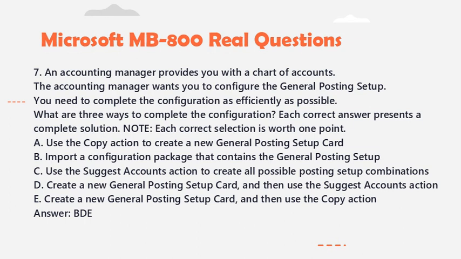B. Import a configuration package that contains the general posting setup. C. Use the Suggest Accounts action to create all possible posting setup combinations. D. Create a new general posting setup card, and then use the Suggest Accounts action. E. Create a new general posting setup card, and then use the Copy action. Answer: B, D, E.